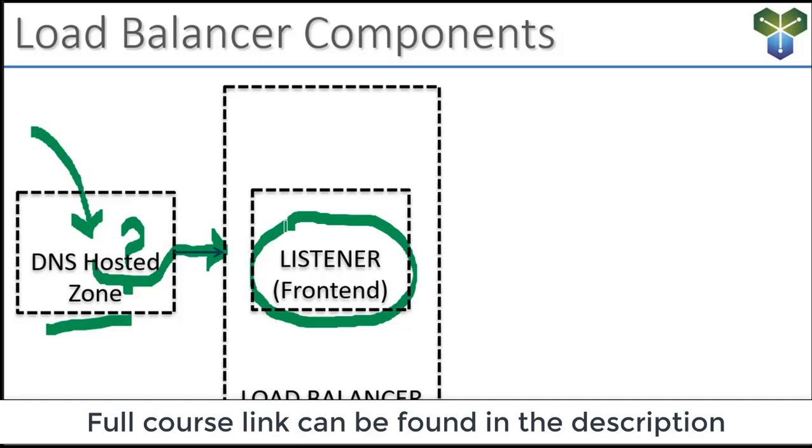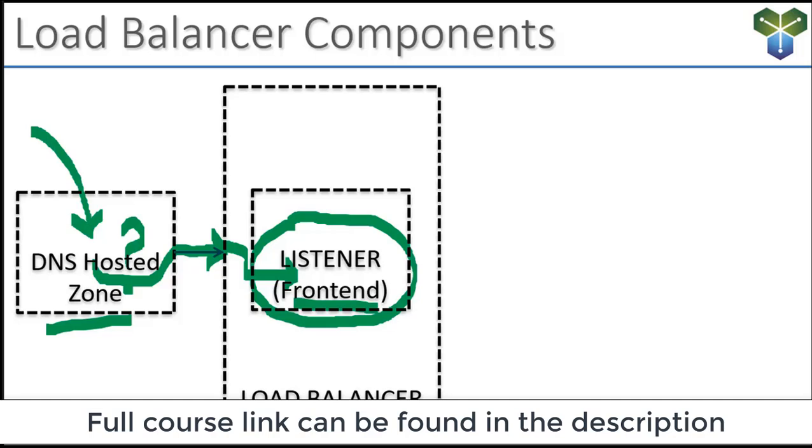If you go into the Azure portal and you choose a public load balancer, it has the ability to have a public IP. If you choose an internal load balancer, that's only going to work inside of your Azure virtual networks.